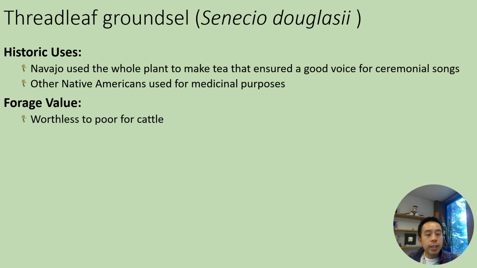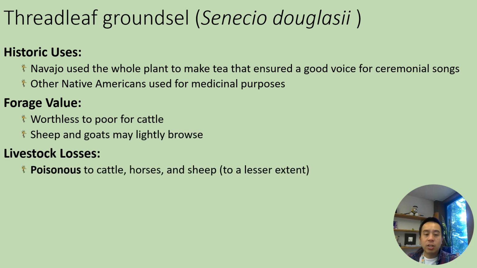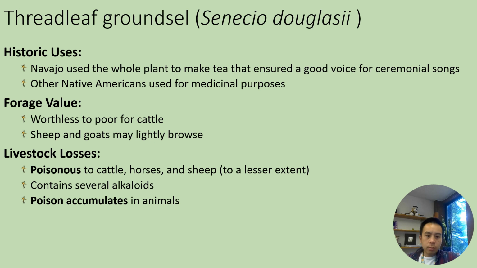In terms of forage, it's pretty worthless for cattle, and sheep and goats may lightly browse it. In terms of livestock losses, it's also poisonous to cattle and horses, and sometimes to sheep to a lesser extent, and that's because it contains several alkaloids. The poisons can also accumulate in animals.